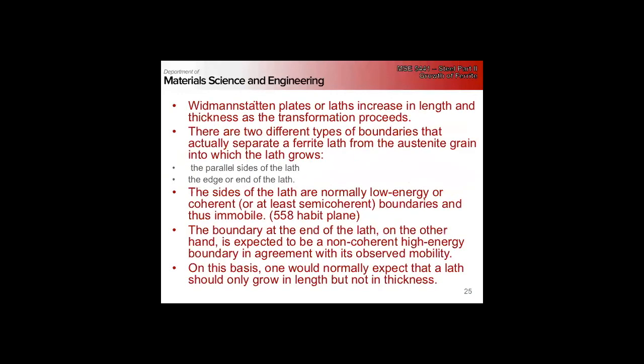And so we need to think about what the interfaces are. The sides are going to be coherent, low energy interfaces and fairly immobile. The boundary at the other end, the tip, I've got two coherent interfaces and then some rounded thing joining them. So that's going to be a general incoherent interface, which has significantly more mobility than the sides.